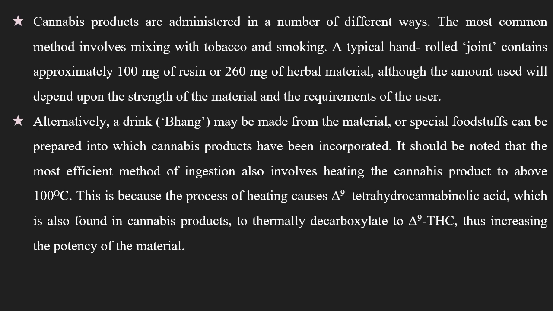Cannabis products are administered in a number of different ways. The most common method involves mixing with tobacco and smoking. A typical hand-rolled joint contains approximately 100 milligrams of resin or 260 milligrams of herbal material, although the amount used will depend upon the strength of the material and the requirements of the user.